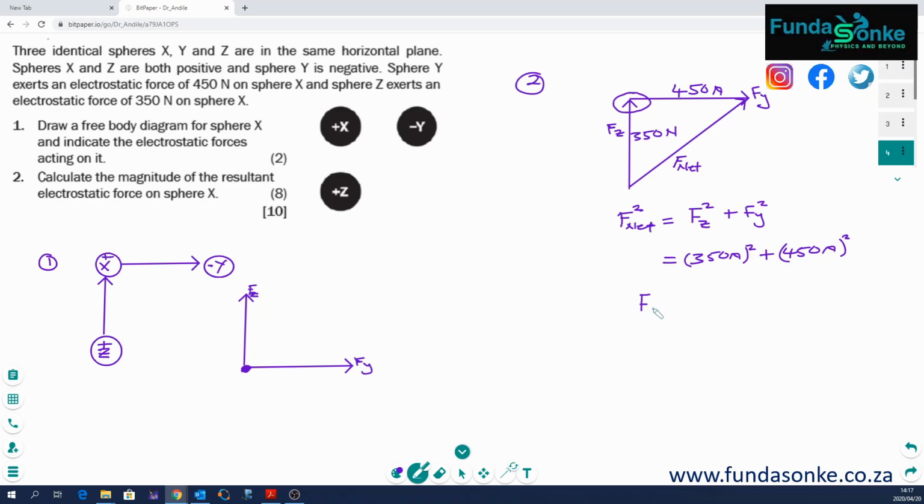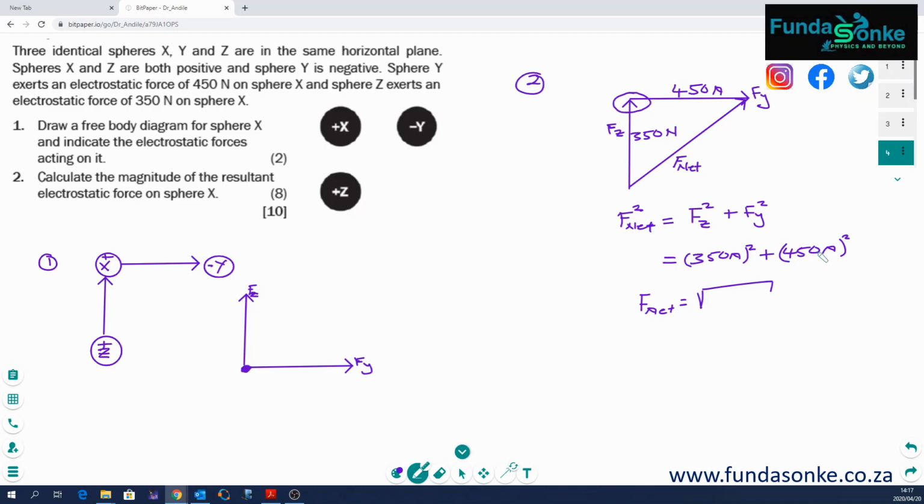Therefore, our force net will be equal to the square root of 350 newtons squared plus 450 newtons squared.